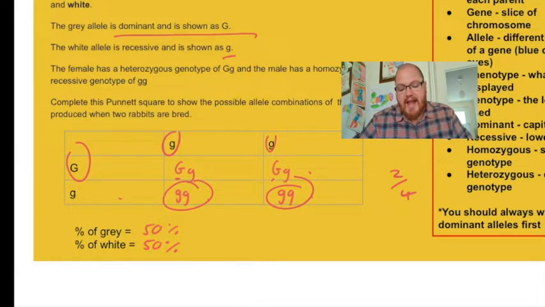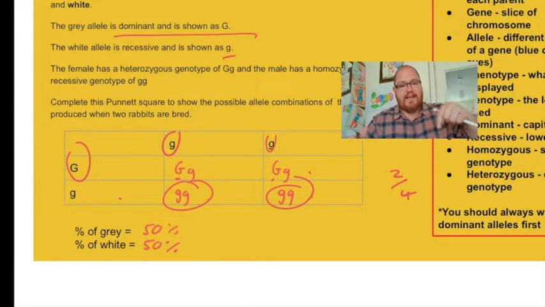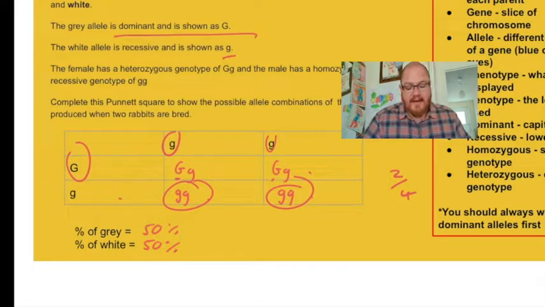So when you cross a heterozygous female with a homozygous recessive, so this was a very similar question to the last one we did, but instead of dominant now, the male is recessive, and you can see just how much impact that has. So there's a good chance, well, it's a 50-50 chance, that it'll either be grey or white this time. And that's how I would write that answer.